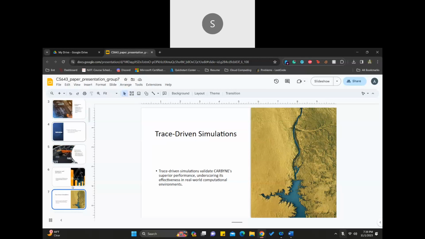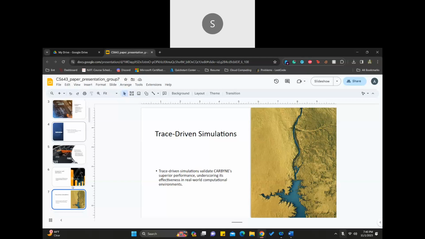Okay, this slide is the trace-driven simulation. Trace-driven simulation validates Carbon's superior performance, underscoring its effectiveness in real-world computing environments. This means that through simulation based on real-world scenarios and data, Carbon's performance has been tested and validated.